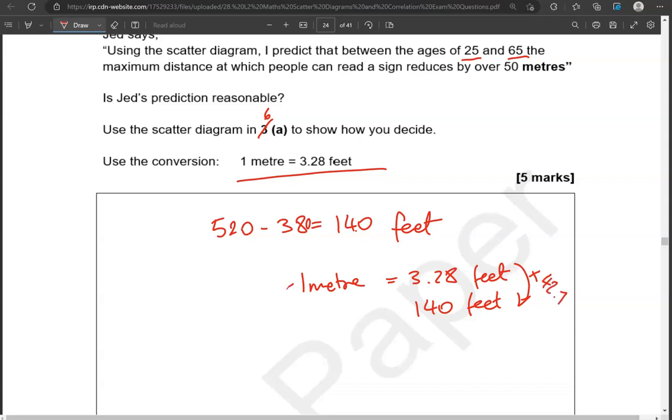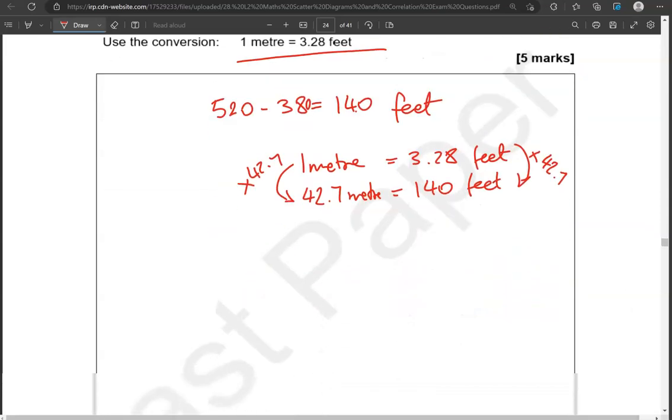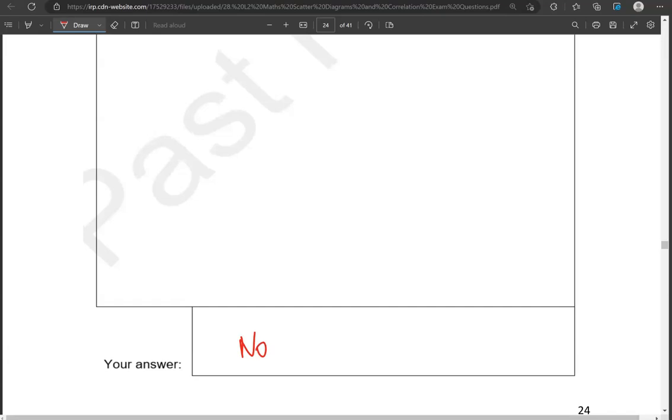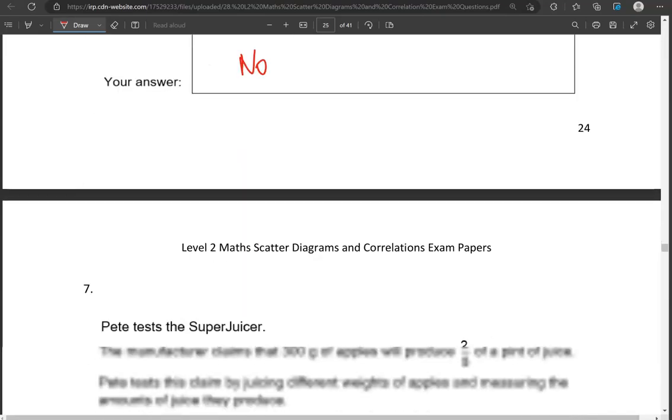So we'll do the same here. One times 42.7 gives us 42.7 meters, which is not over 50 meters. So we're going to say no. It's not correct.